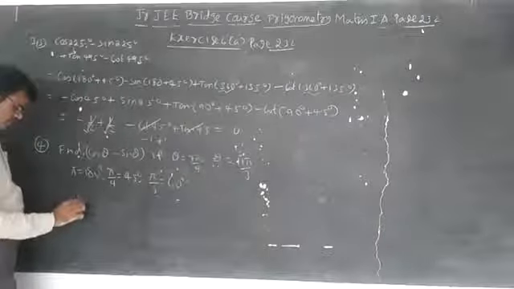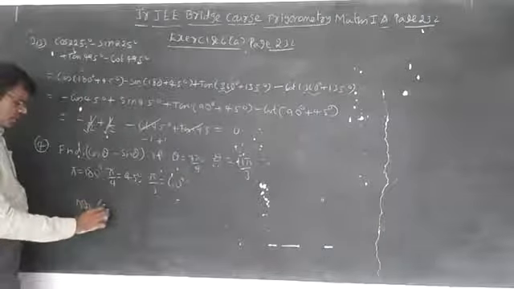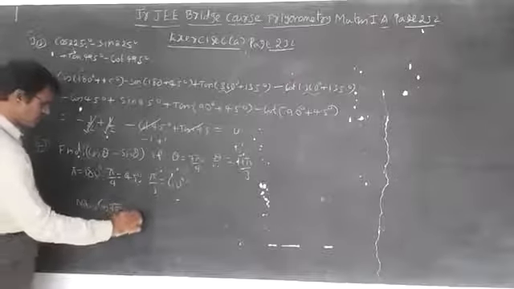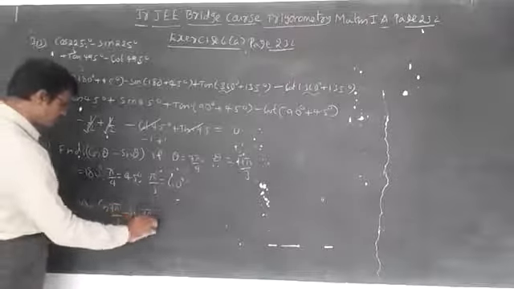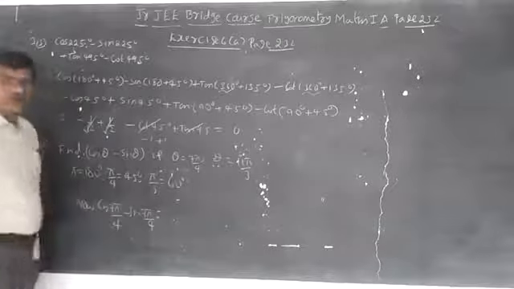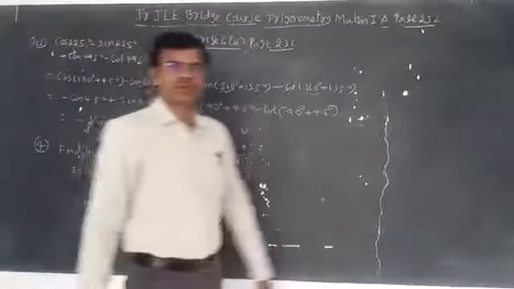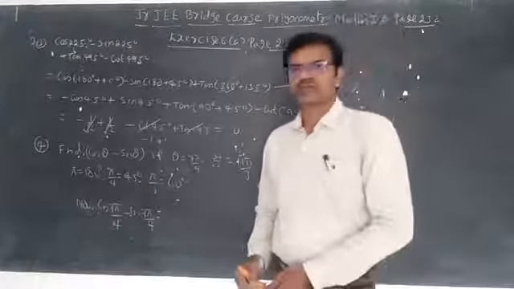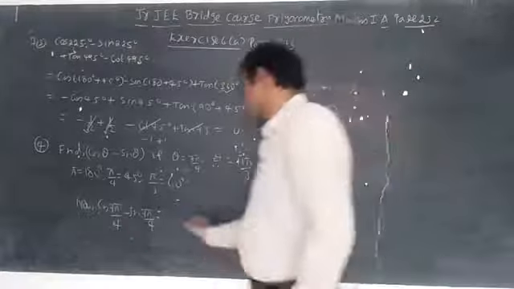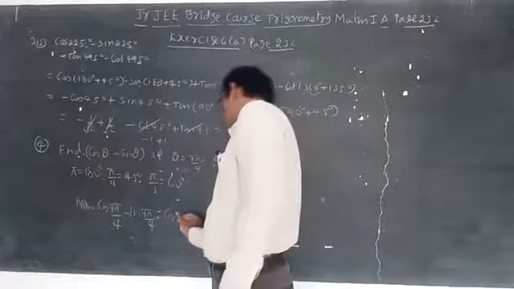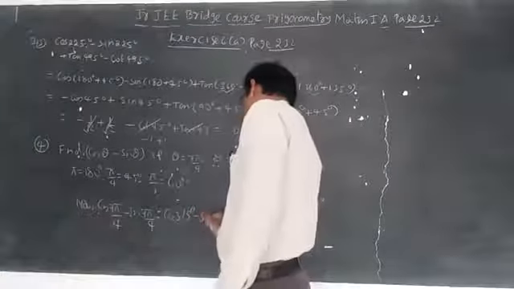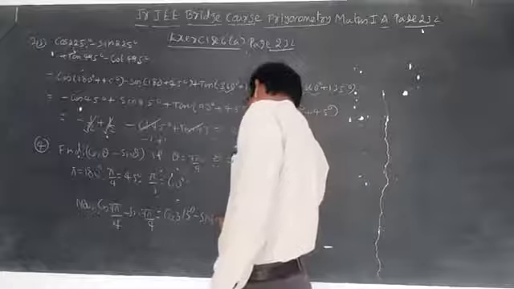Now I am writing cos of 7 pi by 4 minus sin of 11 pi by 3. Pi by 4 is 45, 7 into 45 becomes 315 degrees. So cos 315 degrees minus sin 315.